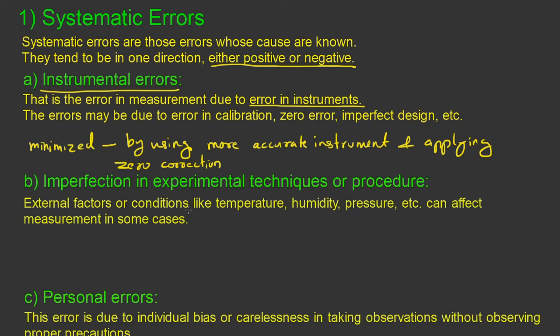The second cause of systematic errors is imperfection in experimental techniques or procedure. External factors or conditions like temperature, humidity, pressure, etc. can affect measurement in some cases. Ignoring certain facts while doing an experiment can also cause error in measurement, like ignoring air resistance in the simple pendulum experiment.